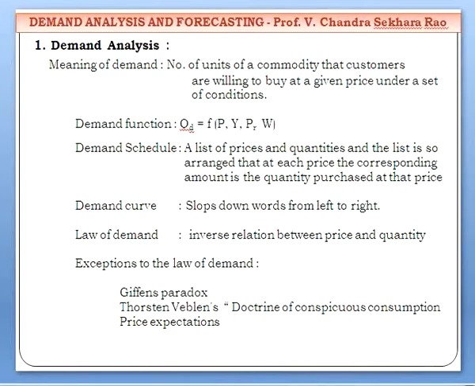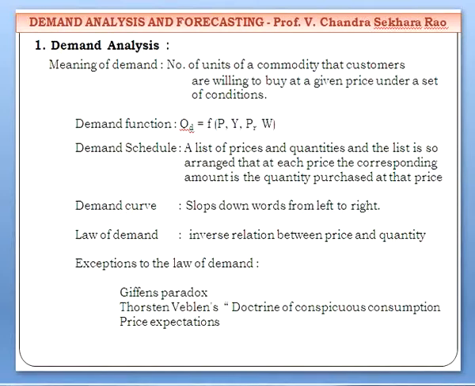One is desire to acquire the commodity, the second one is willingness to pay for the commodity, and the third one is ability to pay for the commodity. Unless these three aspects are there, you cannot call it a demand for a commodity. Take the case of a poor man, a beggar, for example. He wants to have a car, and he is also willing to pay provided he has capacity, but he has no capacity to pay for the car.